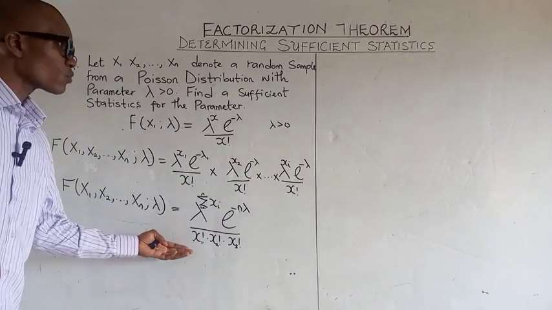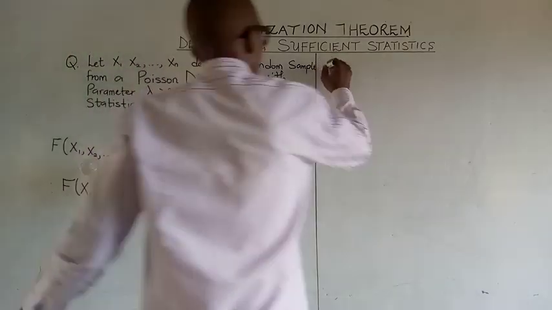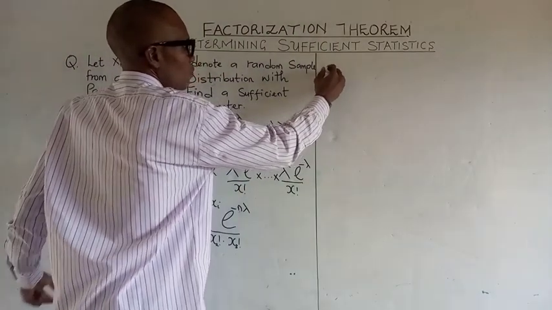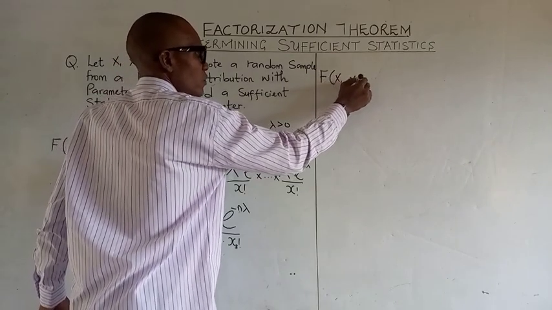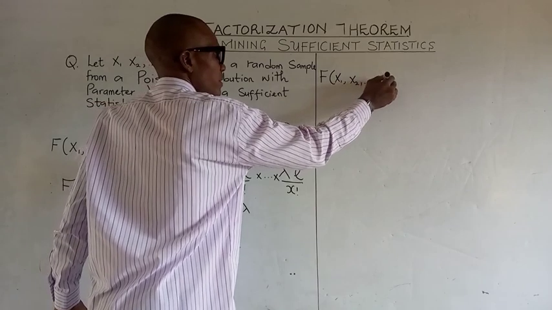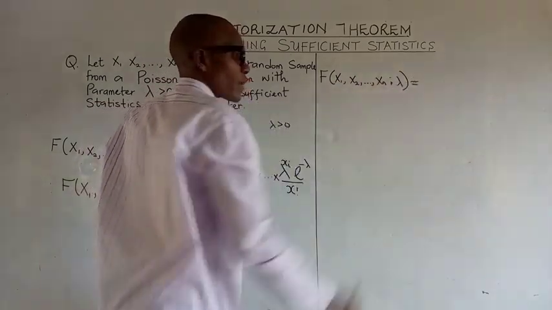So what we have to do is just to factor this out. How do we factor this out? You first write out our function f of x1, x2 to xn, and write out the parameter.